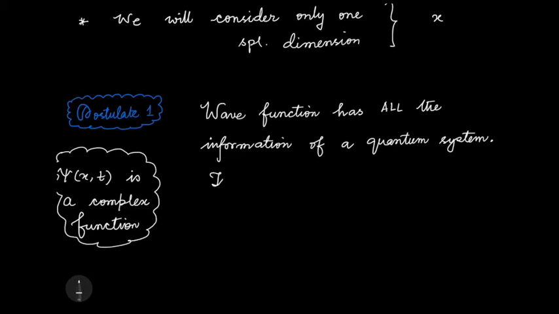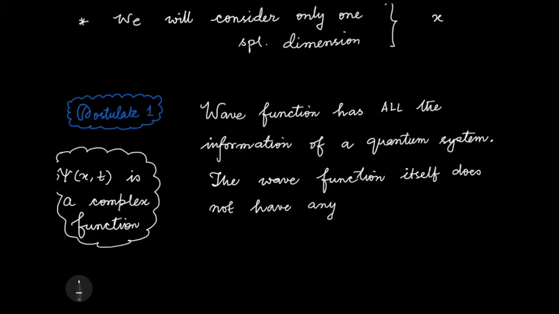The wave function itself is a complex number. We cannot measure a complex number in any experiment. So the wave function itself does not have any physical significance.